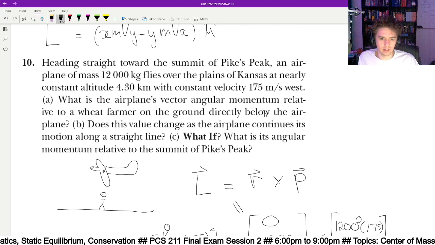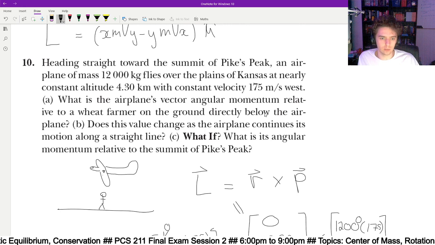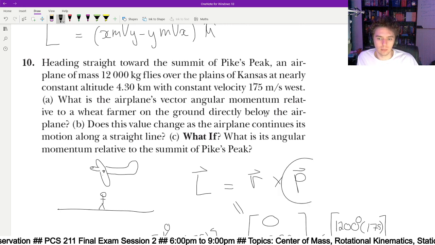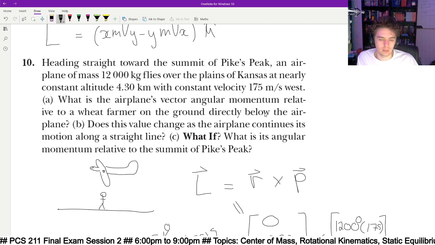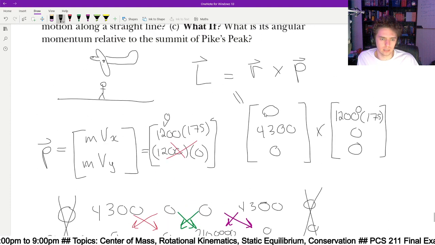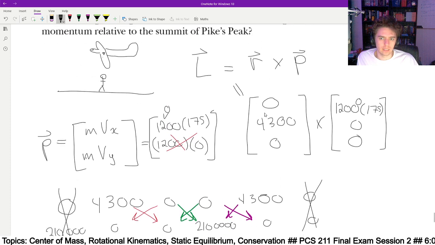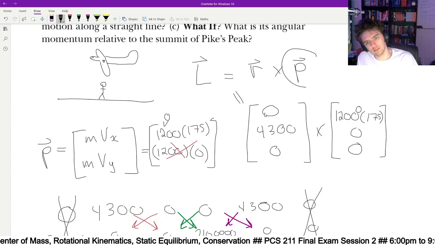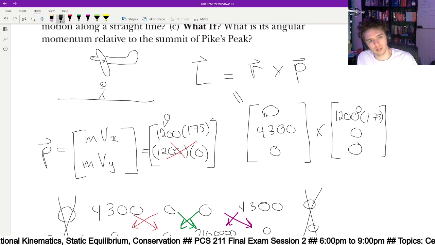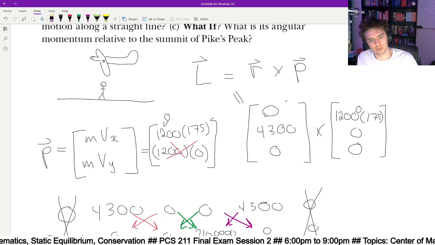Part B: does this value change as the airplane continues its motion along a straight line? Well, its momentum is the same. Yeah, it would change because this value doesn't change, but the radial value does change. Your x component would start to increase.